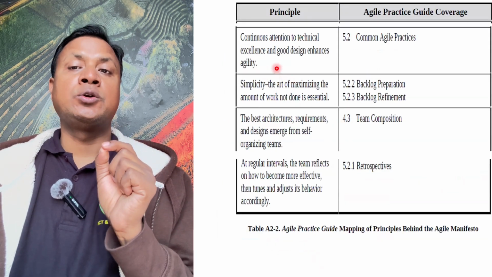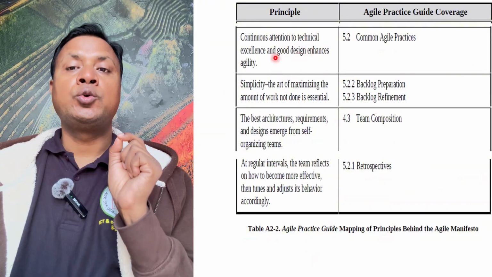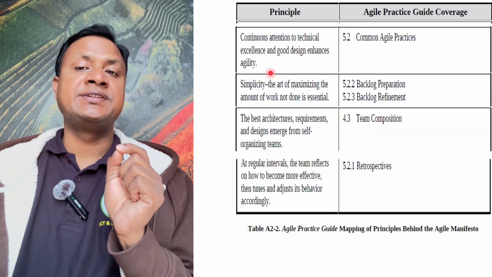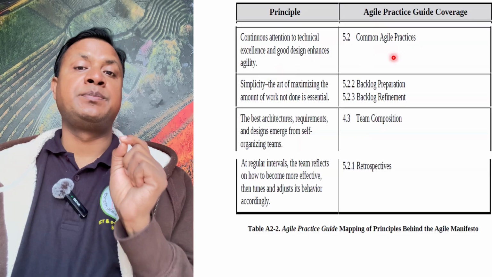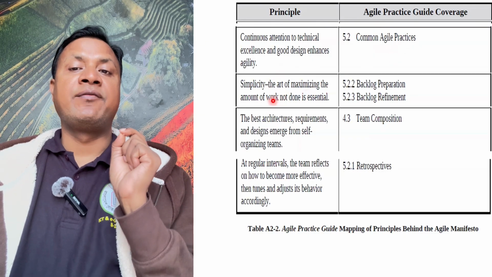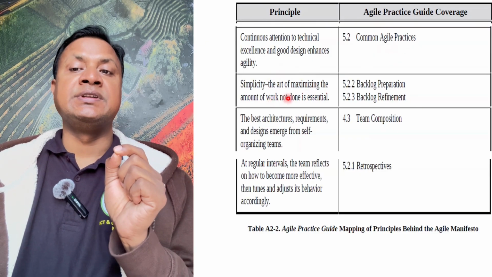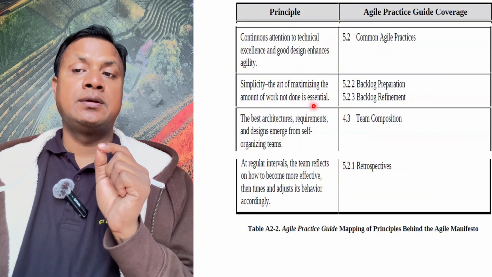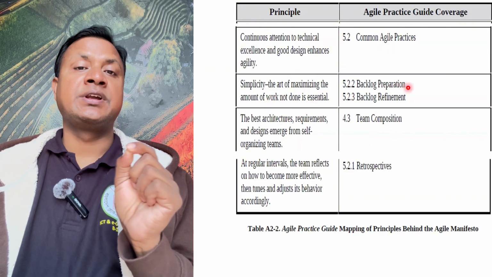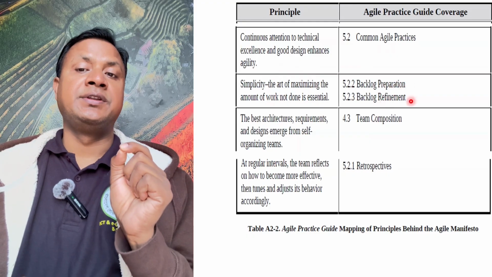And agile practice actually has continuous attention to technical excellence, and good design enhances agility. So we should practice the common agile practices. And if the focus is on simplicity, the art of maximizing the amount of work not done is essential. So backlog preparation is there, backlog refinements are there.